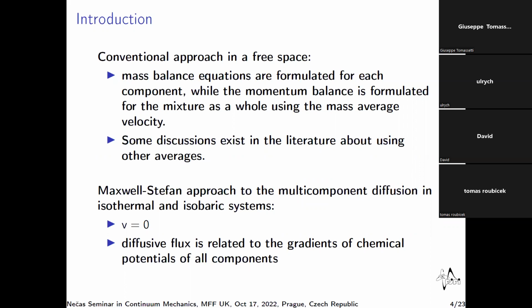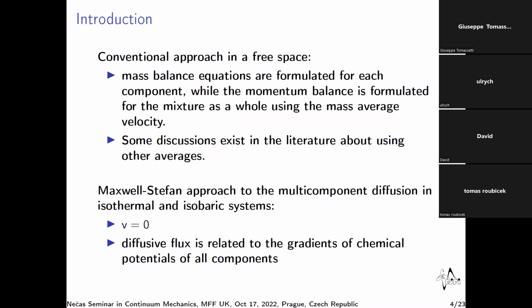So this is in free space. There is really some discussion in the literature about these velocities, and maybe if you are aware of something which I'm missing, I will be glad if you tell me. But in my view, as far as I know, this question whether the mass average velocity is somehow preferable over the other ones or not is not clear.